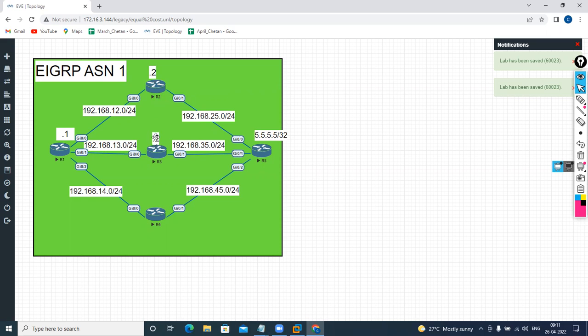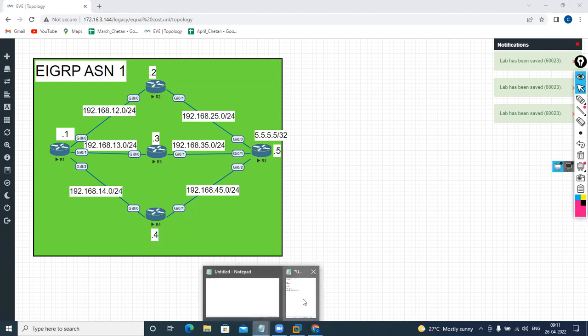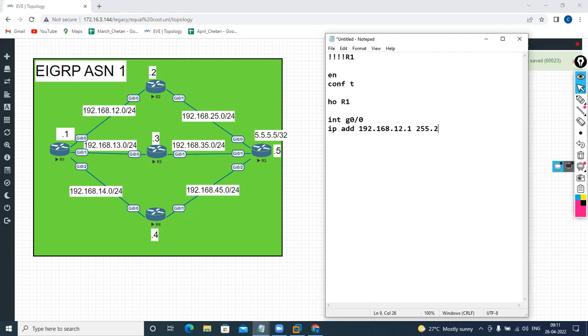This one is dot 3. Dot 4. Dot 5. Interface 0/1.